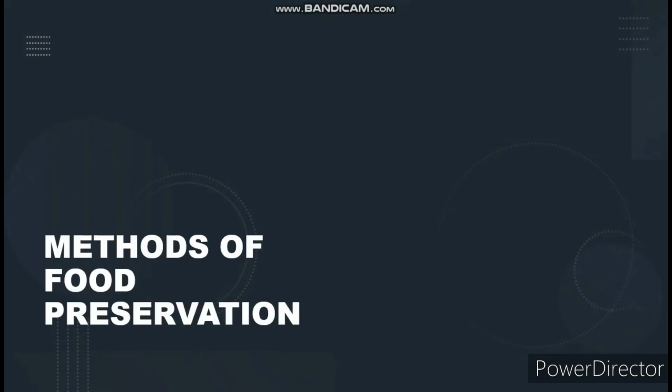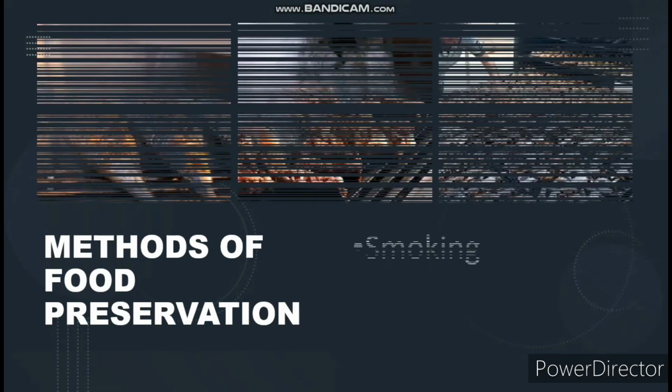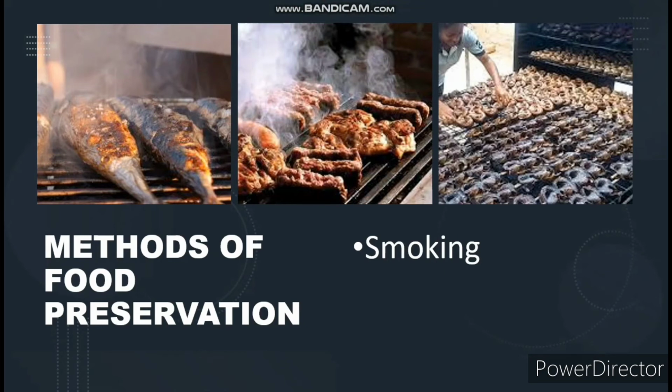What are the methods of food preservation? Let's look at some common methods of food preservation. We start with smoking. Smoking is a traditional method of food preservation that adds a unique flavor to the food. If you like meat or fish, by the time you get a smoked meat, there is a unique flavor that always comes out from it.